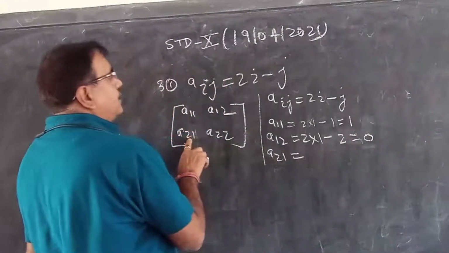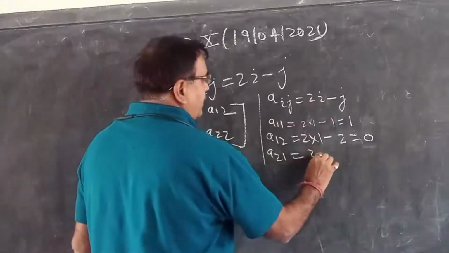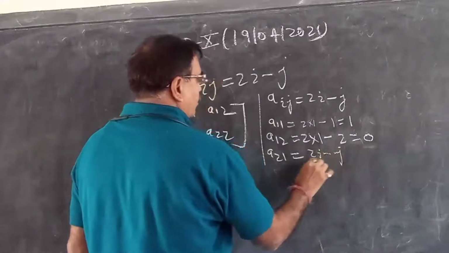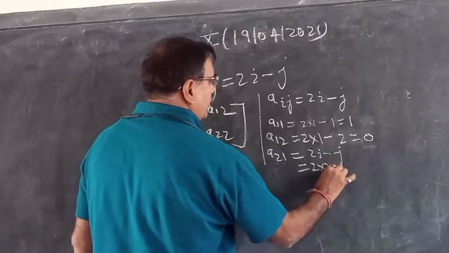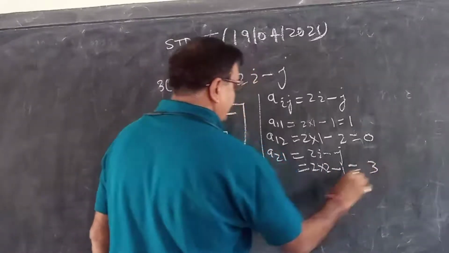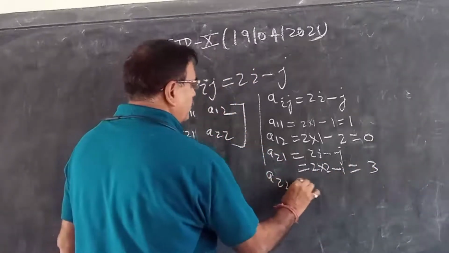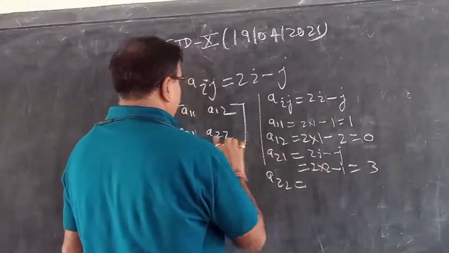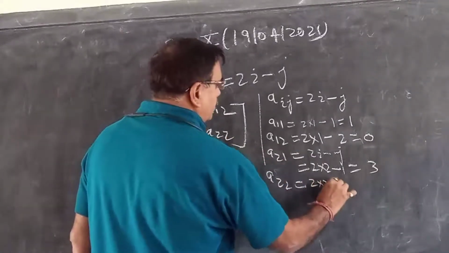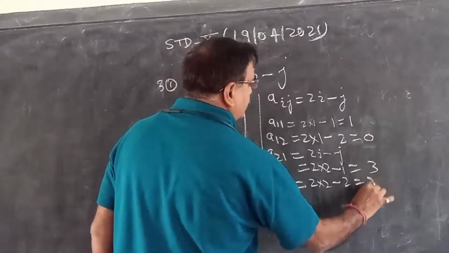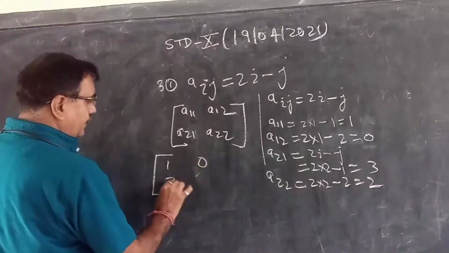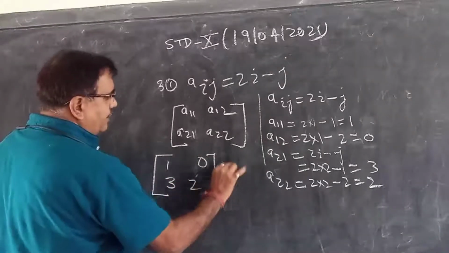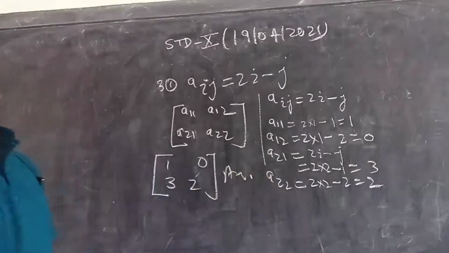A21: by the given condition 2i minus j, row is 2, column is 1, so 2 into 2 minus 1, that is 3. A22: 2 into 2 minus column 2 means 2. The answer is 1, 0, 3, 2. This is our matrix. Do you follow?